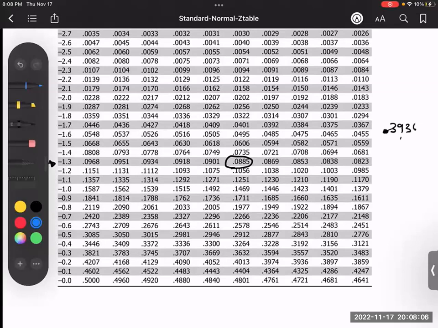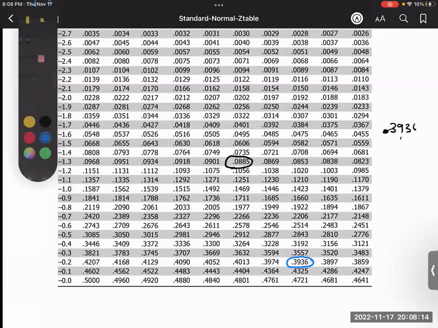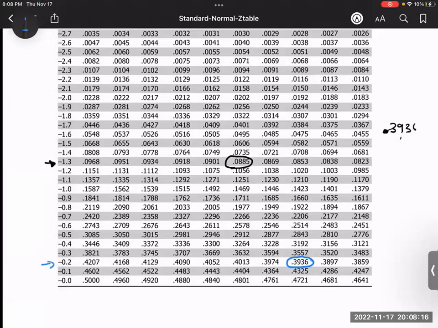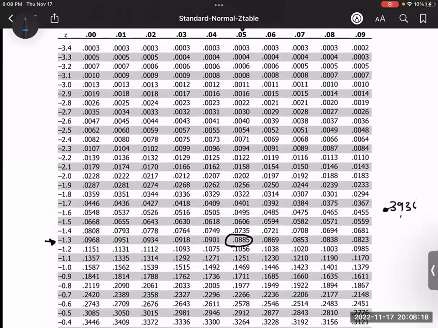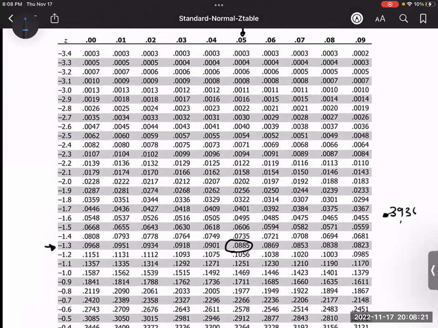Oh, here it is. It's down here towards the very bottom. So we know that it will begin with negative 0.2, and this last digit should have been a 7.